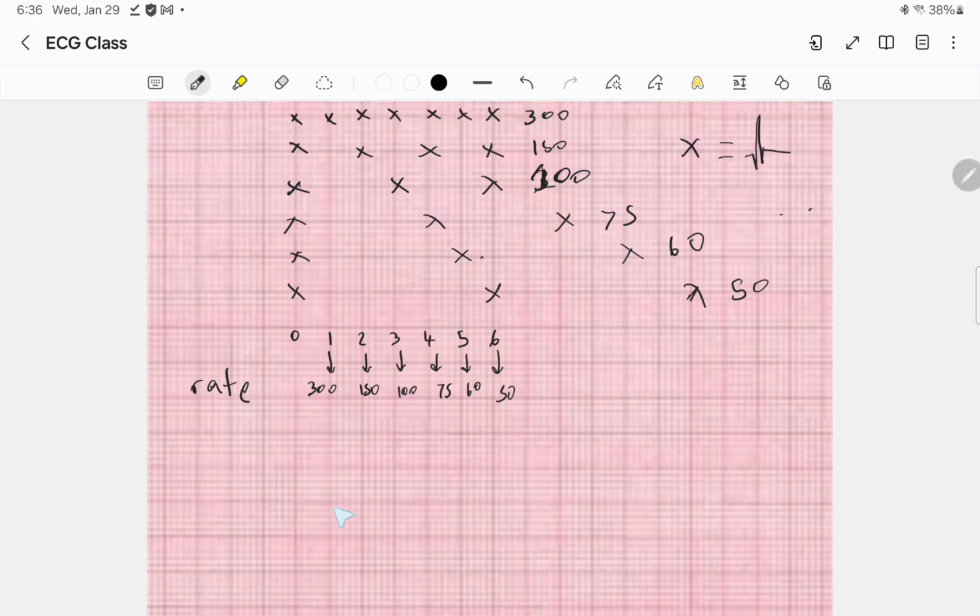So for example, if I have something like this, a QRS complex right here and a QRS complex right here, so 0, 1, 2, 3, 4, 5. It's between 4 and 5, which would mean it's between 75 and 60.